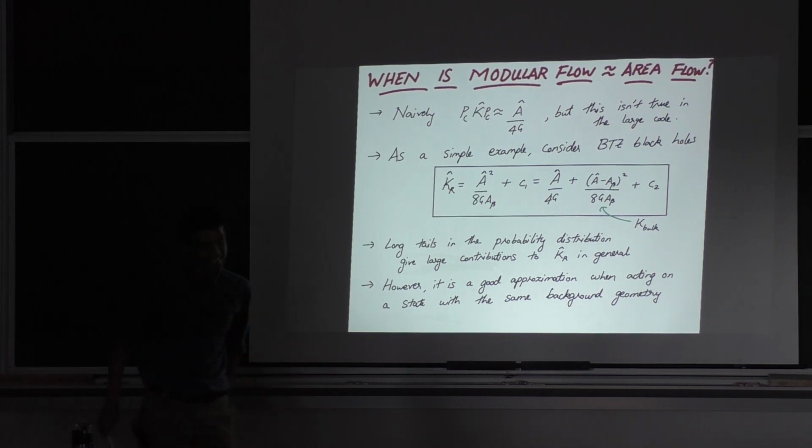So you're telling me that in general, the modular Hamiltonian is not given by the area operator? Yeah, I think the reason that we think intuitively that way is because we always think about taking the expectation value in the original state, which is sharply peaked at the same value of the spectrum, or even if it's small excitations, it's roughly peaked at the same location. And then you can basically drop this term.